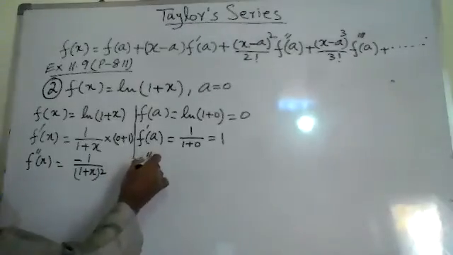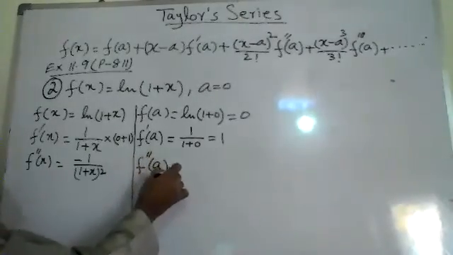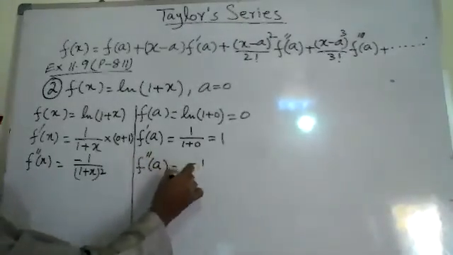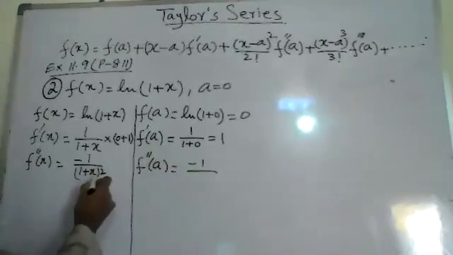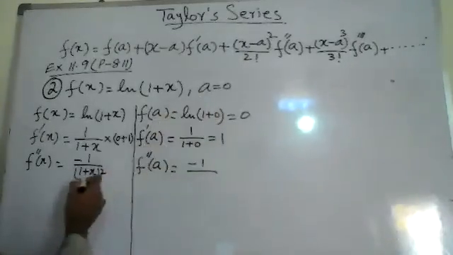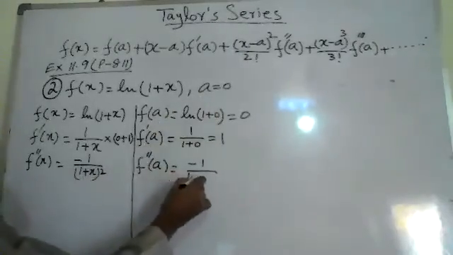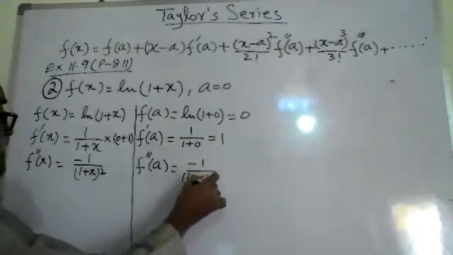So f double dash a will become minus 1 upon 1 plus 0 whole square, a is 0, which will be minus 1.